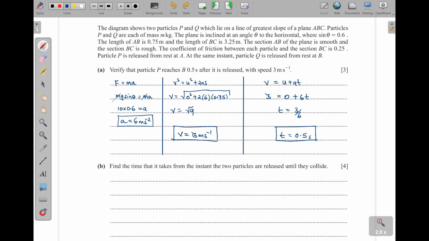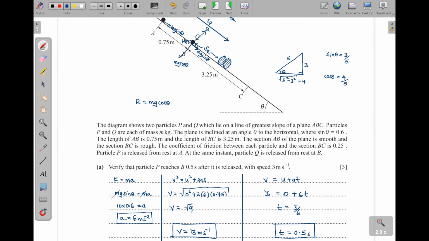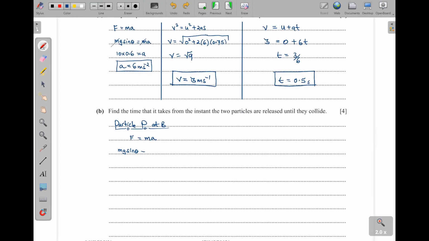So let's look at particle P at B, moving from B. Using F equals MA, we have mg sine theta minus the frictional force here opposing the motion, so minus mu R, equal to MA.